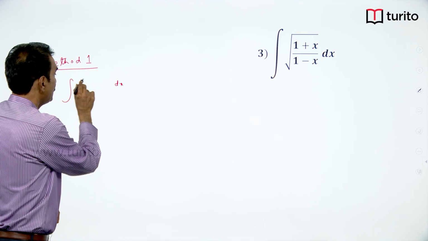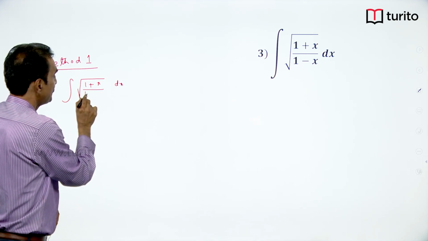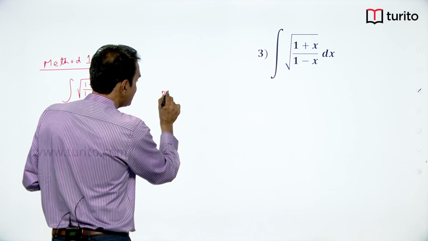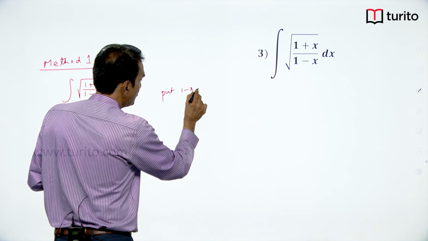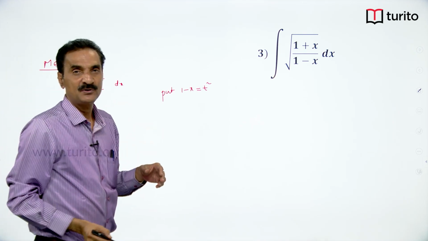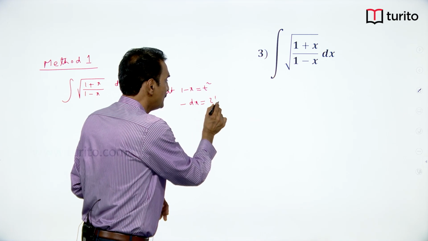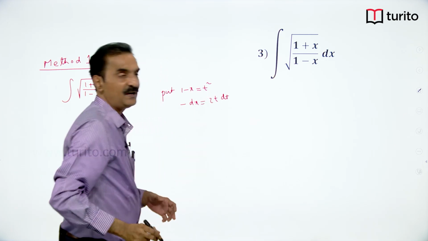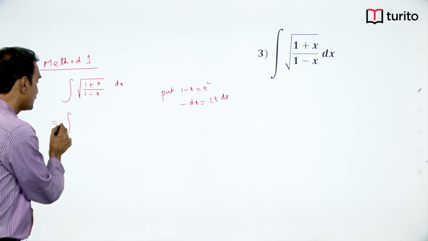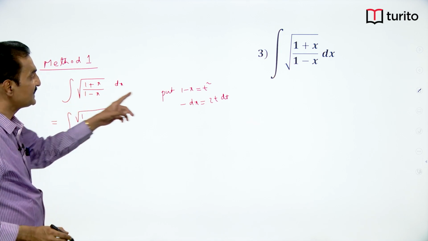Integral root over 1 plus x by 1 minus x dx, put 1 minus x is equal to t square. Differentiating both sides, minus 1 into dx is equal to 2t dt. Substituting here, numerator is root over 1 plus, what is x?